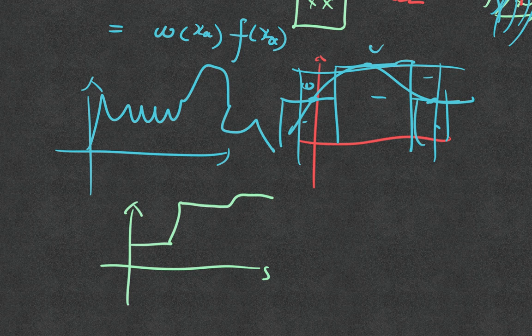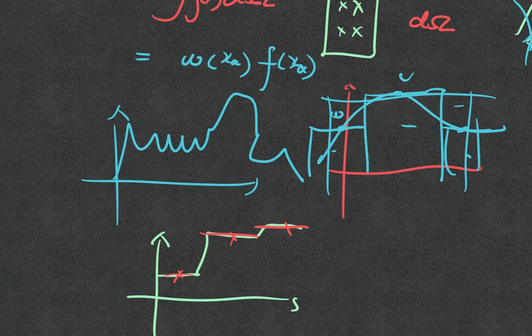So how do I do it? I need to think about how to place those points, and what is the way to get the closest solution. So the positions and the weights of those Gaussian points will affect the integration.